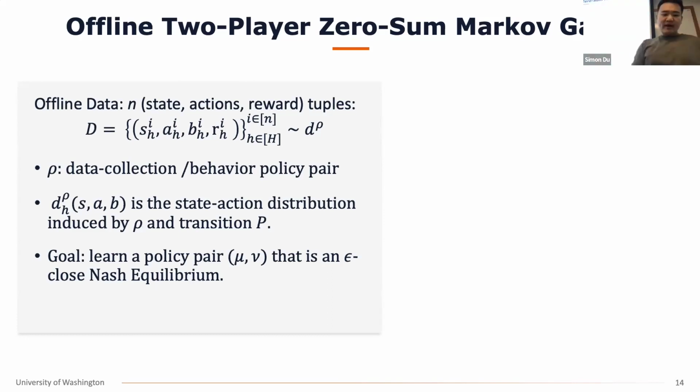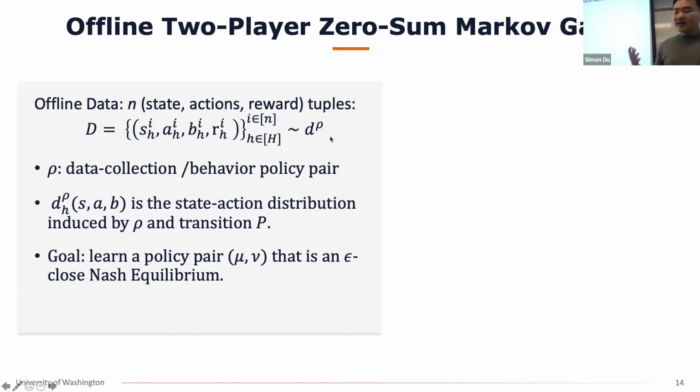It's just that now we have slightly more complicated data points. Each data point has one more action because we have 2 players. So in each data point, you have the current state, a pair of actions A and B, and the reward, which is shared. The data set is sampled from some distribution D rho, where rho is the data collection or behavior policy.